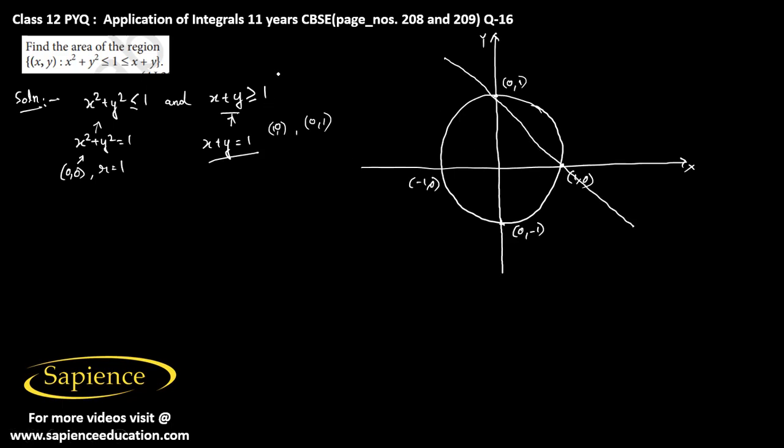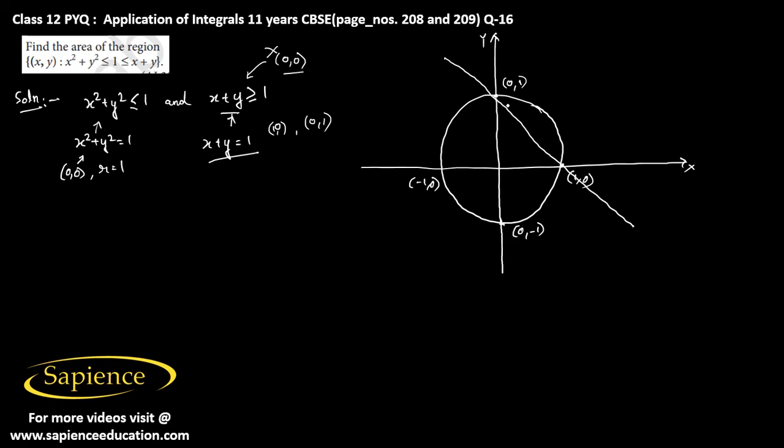Now for this inequality we have to check whether it satisfies the origin or not. So (0, 0), we can see that this inequality is not satisfying the origin.